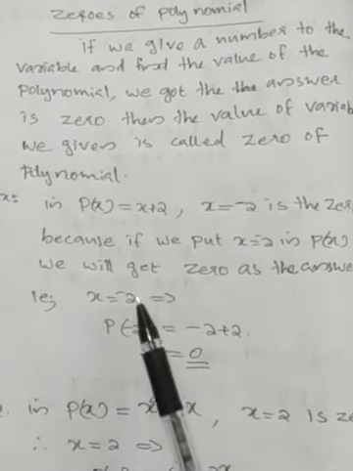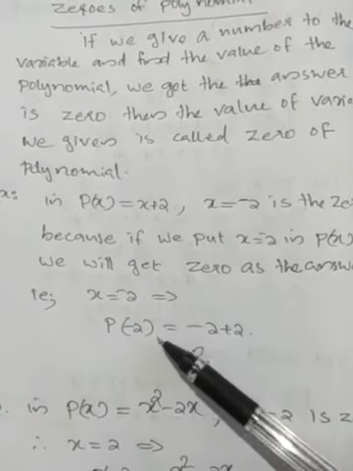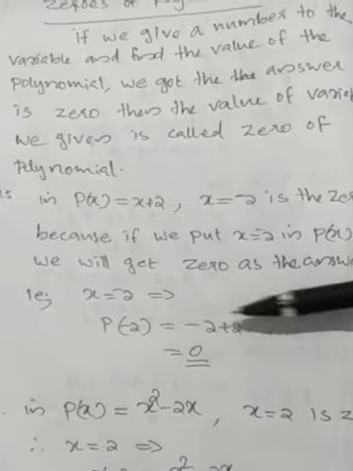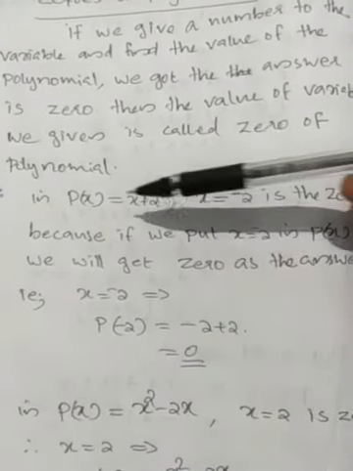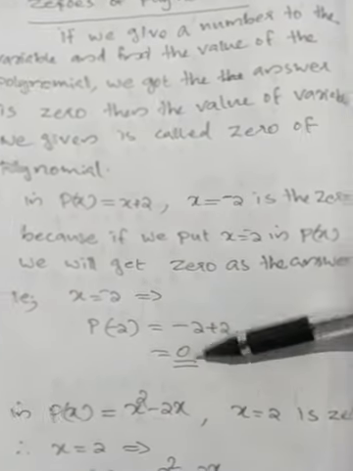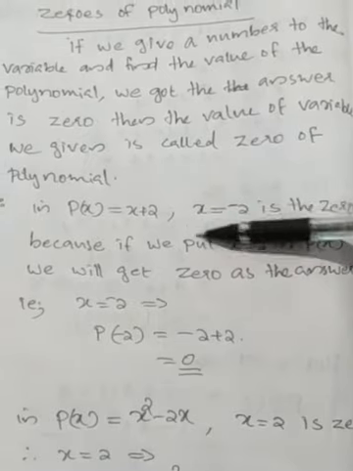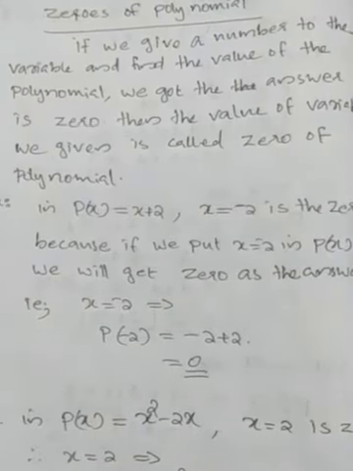That is, x equal to -2 implies p of -2. P of -2 equal to, put -2 for x, that is -2 plus 2. -2 plus 2 becomes 0. So the value of this polynomial is 0 when x equal to -2. So we can say x equal to -2 is the zero of this polynomial, right?